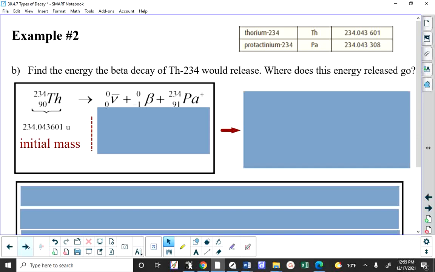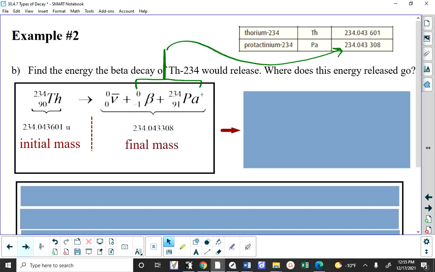So these two things together are this mass. That extra beta particle mass-wise takes up the slack of that protactinium missing an electron. And that's why when we calculate the mass here, we just use the mass of the protactinium.